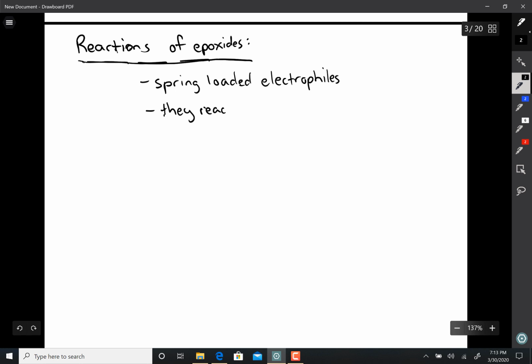They react in SN2 reactions. They very rarely do SN1, E1, or E2. They primarily just do SN2 reactions.